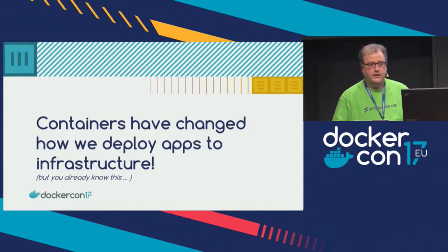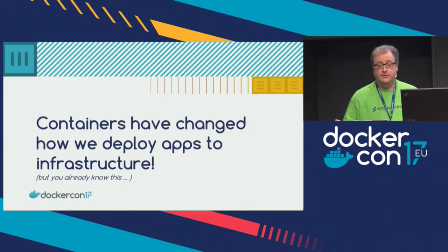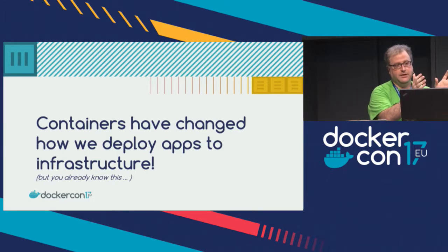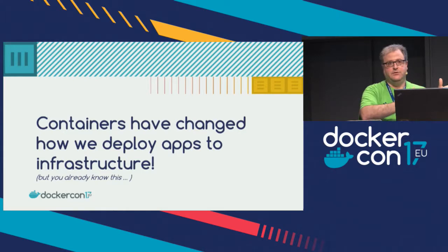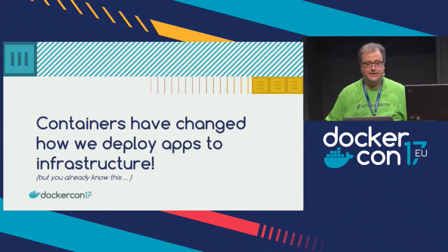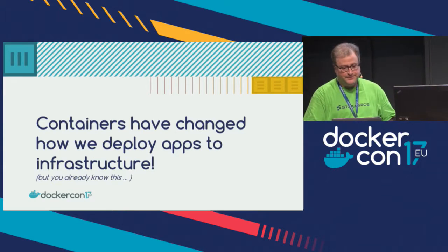Containers have obviously changed the way we deploy apps to our infrastructure. We've gone from VMware optimizing hardware to containers optimizing how you develop, deploy and manage the configuration of those applications. But you're at DockerCon, so I guess you already knew this.